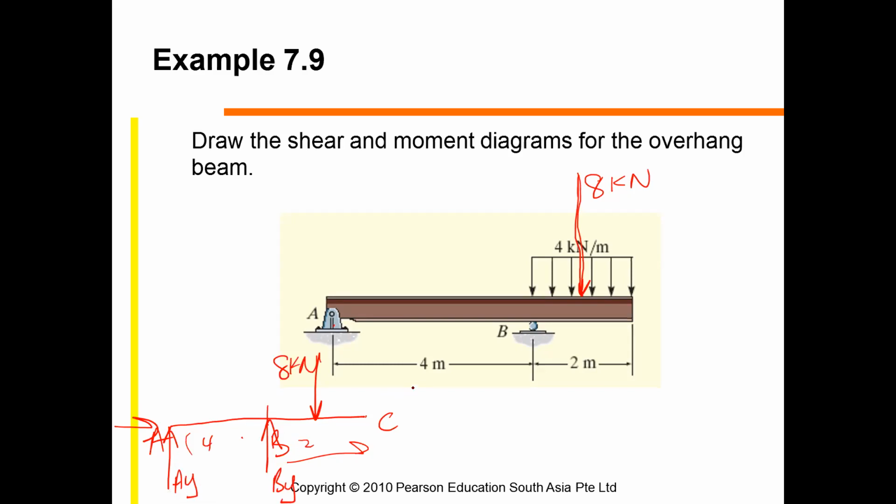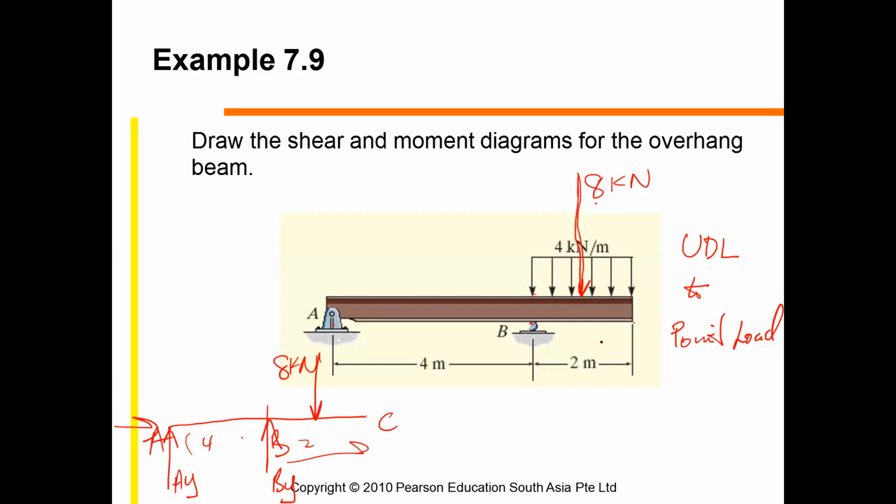All I'm saying is, the question I asked was how do you convert a UDL to a point load? You look for the span that the UDL acts over, and you multiply the UDL by it, and you convert it.